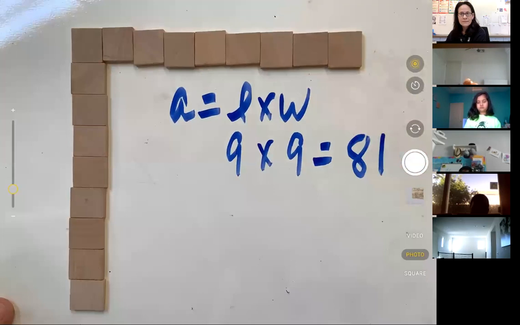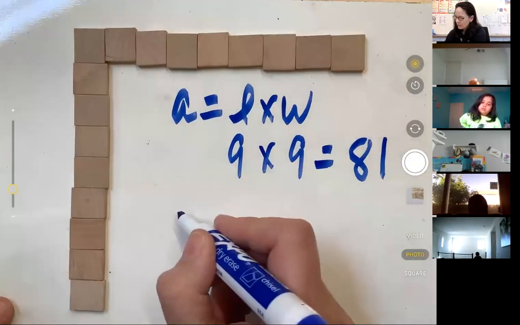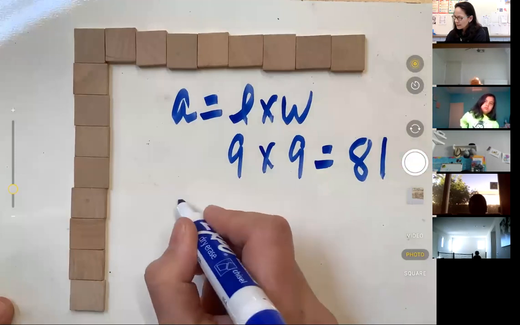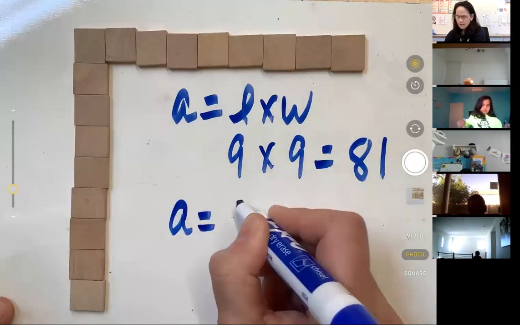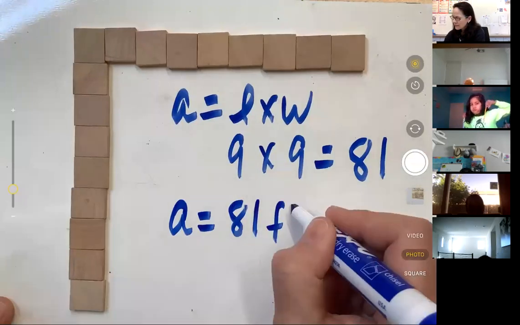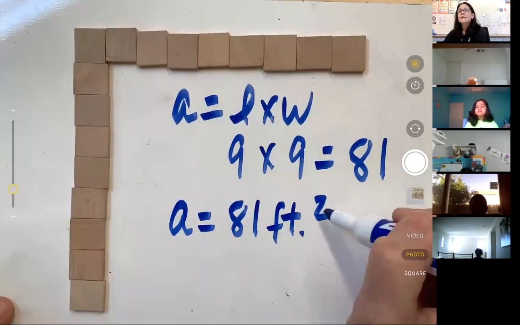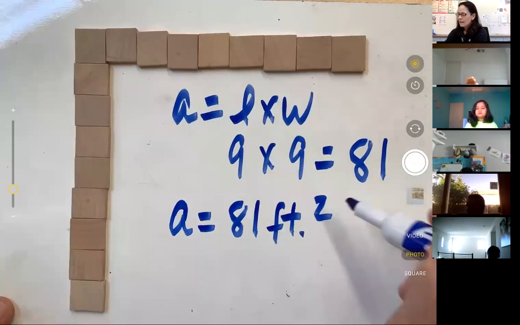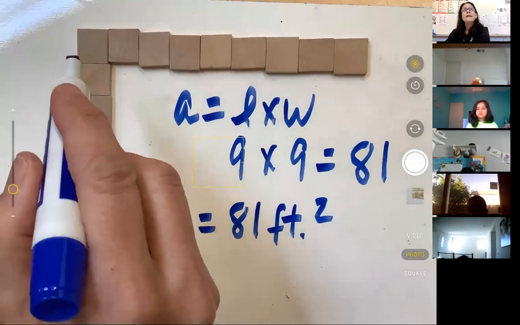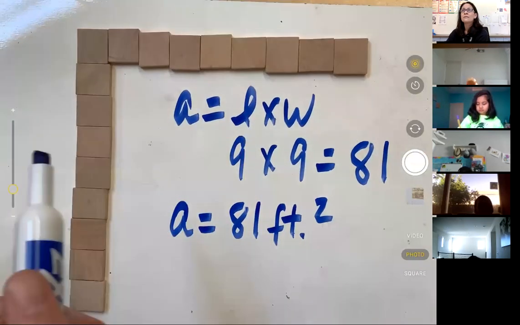We are not done because we need the area, which is always expressed in square units. So the area of Tyler's bedroom floor is going to be 81. Unit of measurement is feet, ft period, square units. So again, we have it 9 feet wide, 9 feet long.